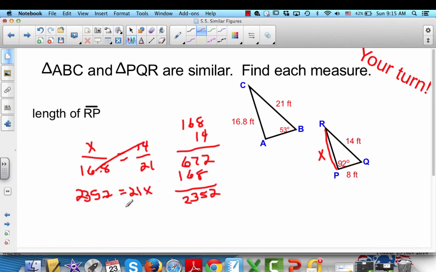Okay? And then we work that out and we divide by 21 on both sides. And that gives us 11.2 equals x.